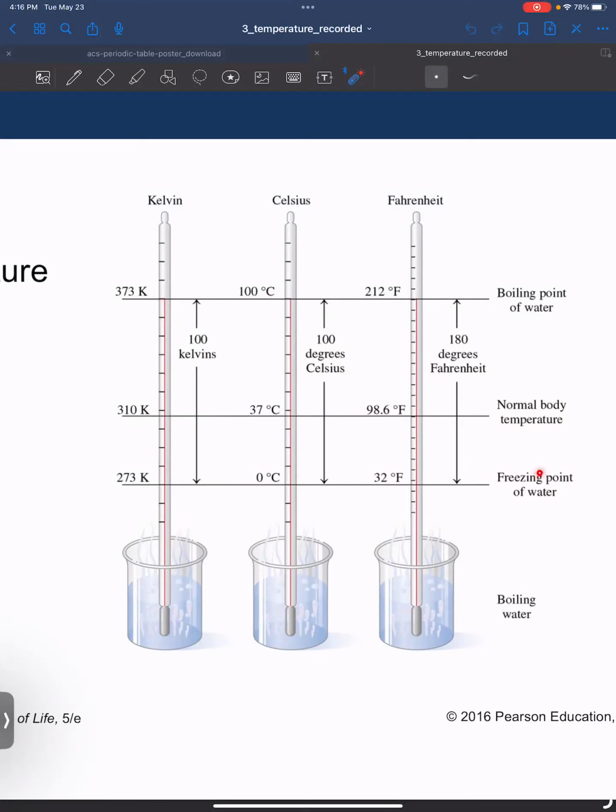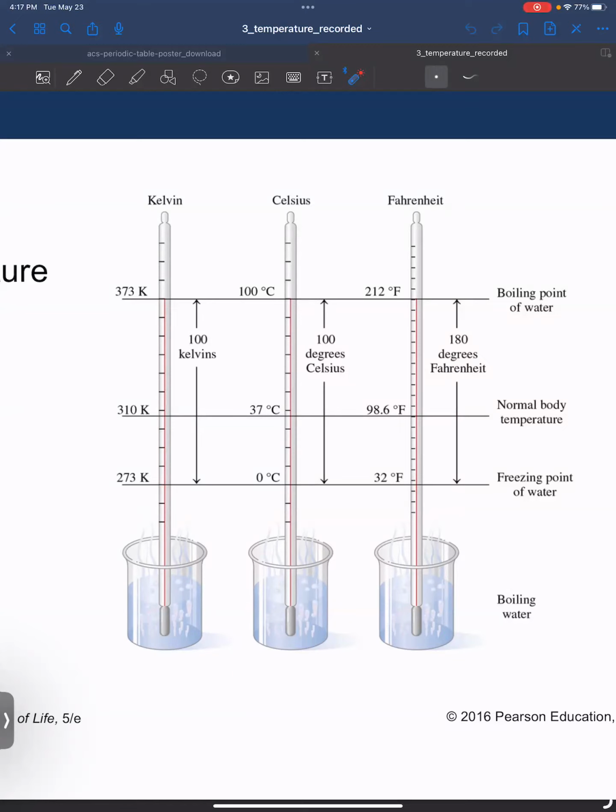The freezing point of water is 0 degrees Celsius. So that's the 100 degrees difference between the freezing and the boiling point. The freezing point of water in Fahrenheit is 32 degrees Fahrenheit. So there's a 180-degree difference between the freezing and the boiling point of water on the Fahrenheit scale. And the freezing point of water in Kelvin is 273 Kelvin.